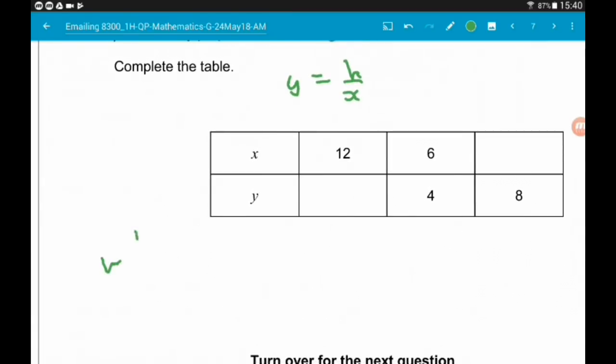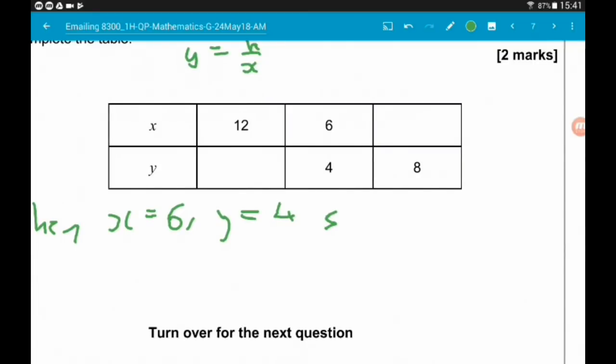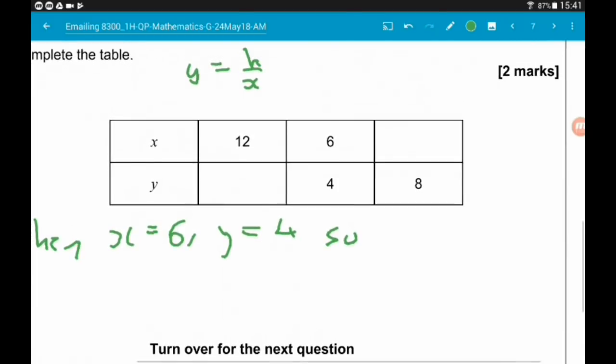So if we substitute those values in to y equals k over x, then we're going to get 4 is equal to k over 6.